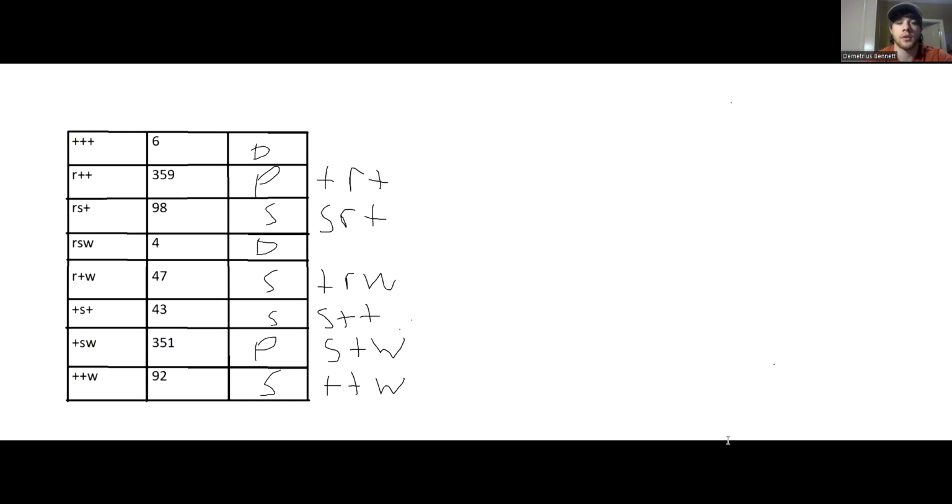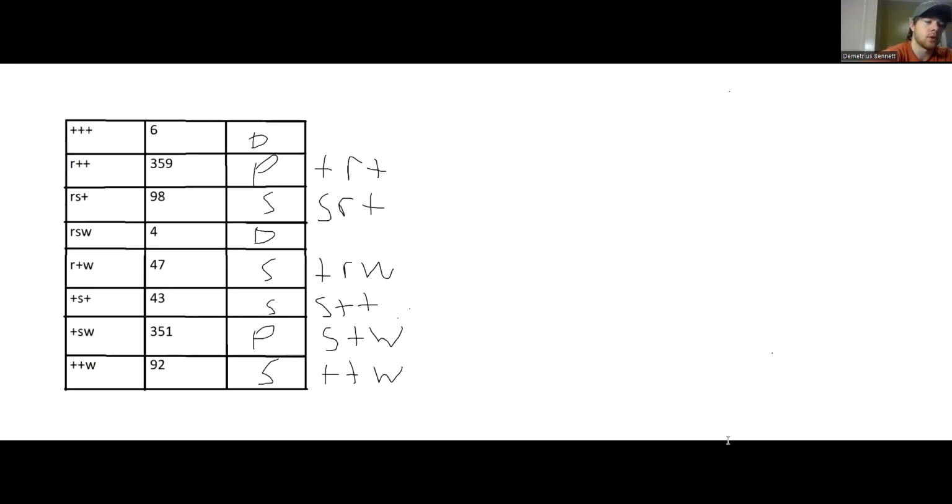Whiteboard here. The way I like to do this is to first take the parental phenotypes in the correct order now that we've written them, and then compare them.